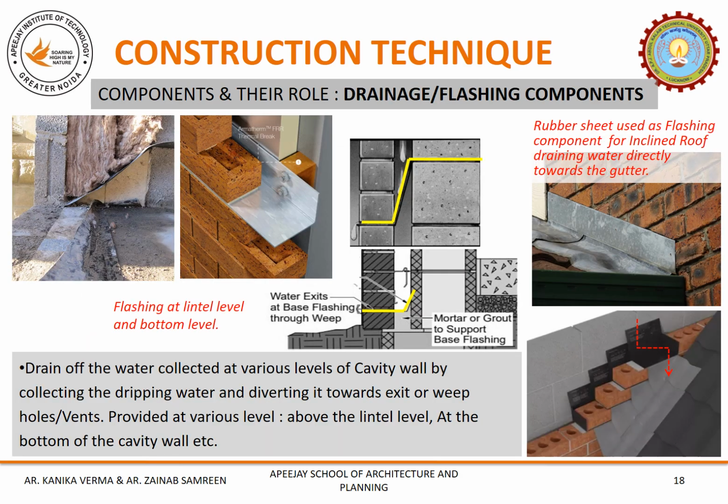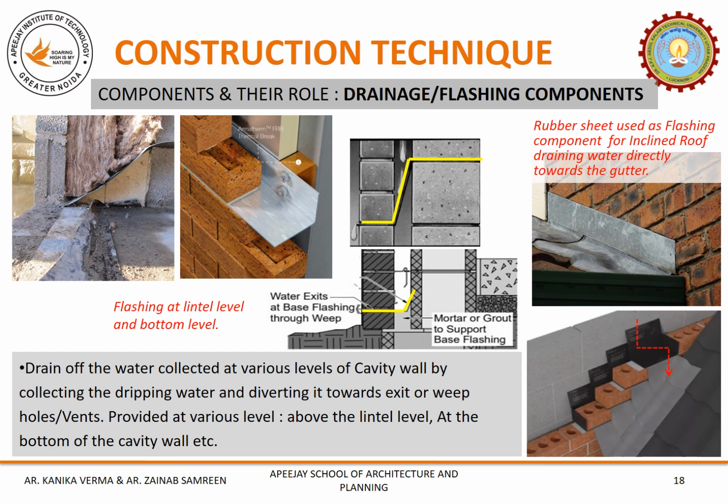Now the third component of the cavity wall is used for drainage and flashing purposes. The purpose of the component is suggested within the name itself, that it helps to drain off the water collected at various levels and divert it towards the exit or weep openings.